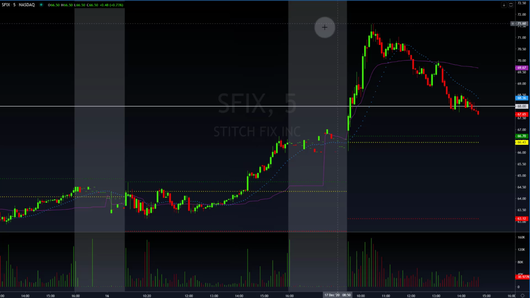So that would be my plan. But this SFIX, I really don't know where it's gonna go, because it's been crazy for almost a week now, right? So my stop was planned and I took it exactly the way I traded LEN, where I placed my stop order, and just forgot about it, and it stopped me out.